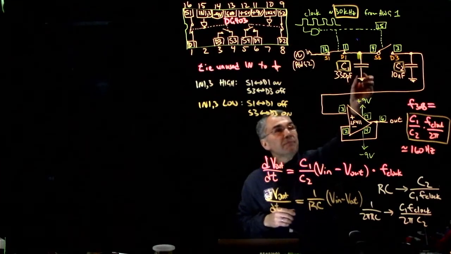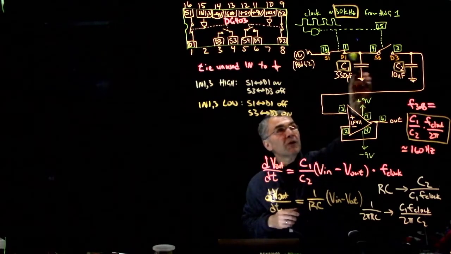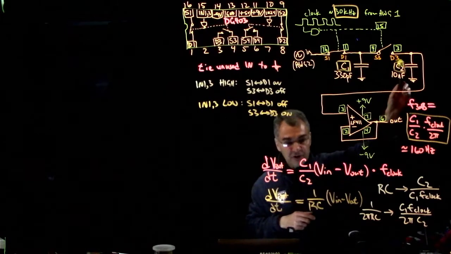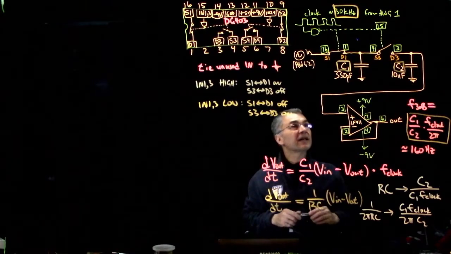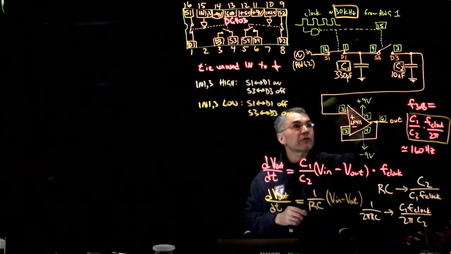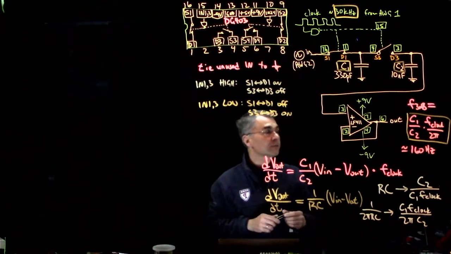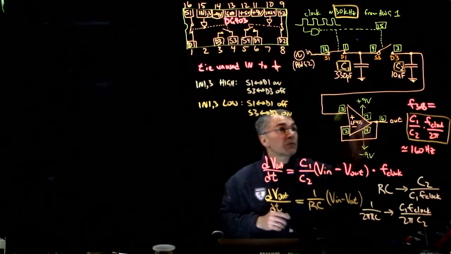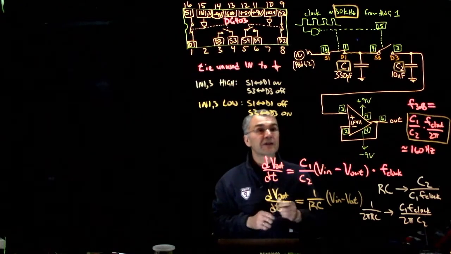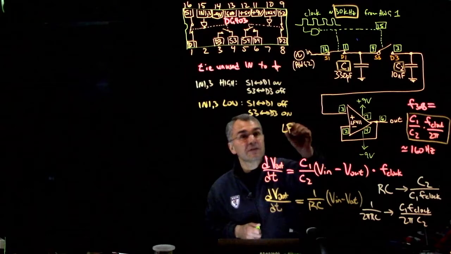Okay, so we have some charge stored on this small capacitor, and we have some charge stored on this big capacitor. And we want to be able to observe the voltage on this big capacitor without perturbing it. So we make use of our friend, the LF411.